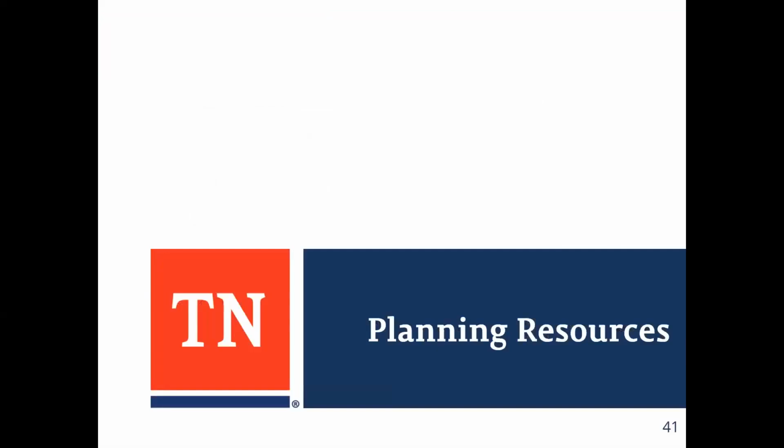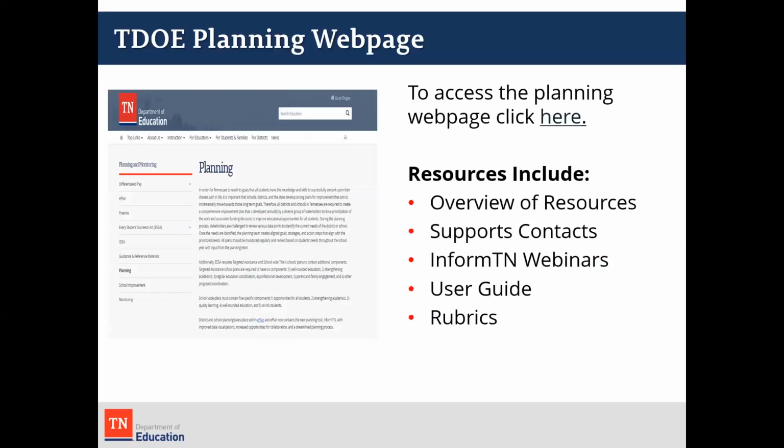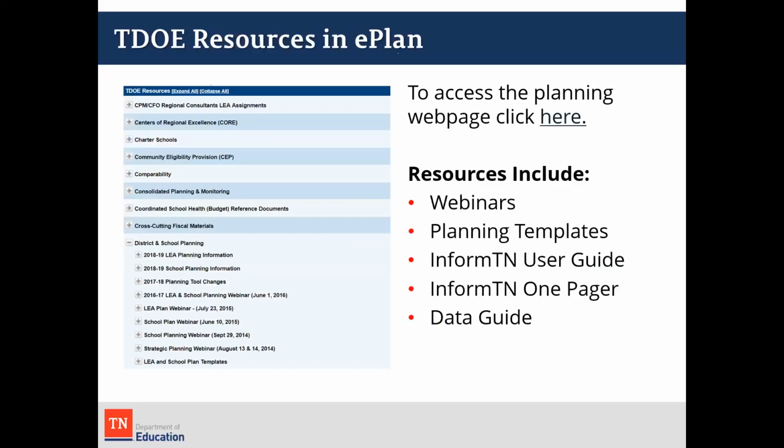So, additional planning resources. The Tennessee Department of Education has a planning webpage. The webpage includes resources, supports, Inform Tennessee webinars, a user guide, and rubrics. TDOE Resources in ePlan under the District and Planning include webinars, planning templates, Inform TN user guide, Inform Tennessee one-pager, and a data guide.